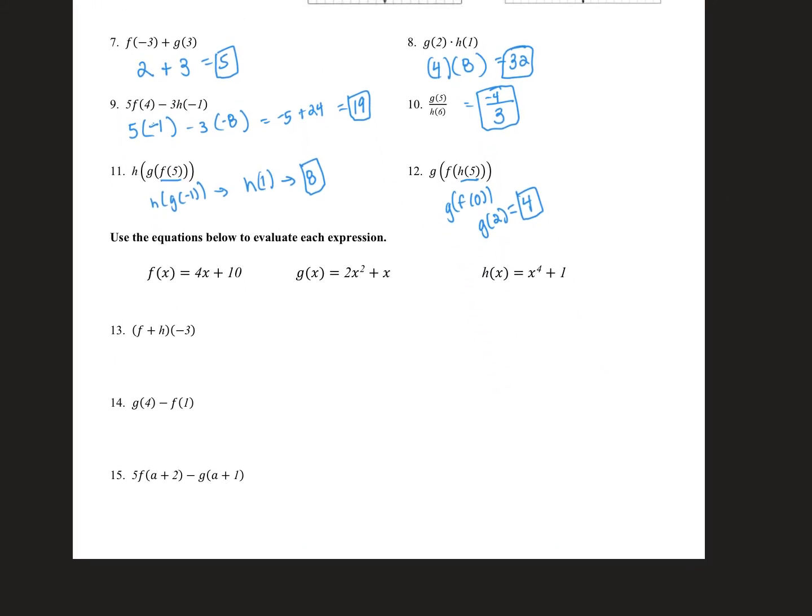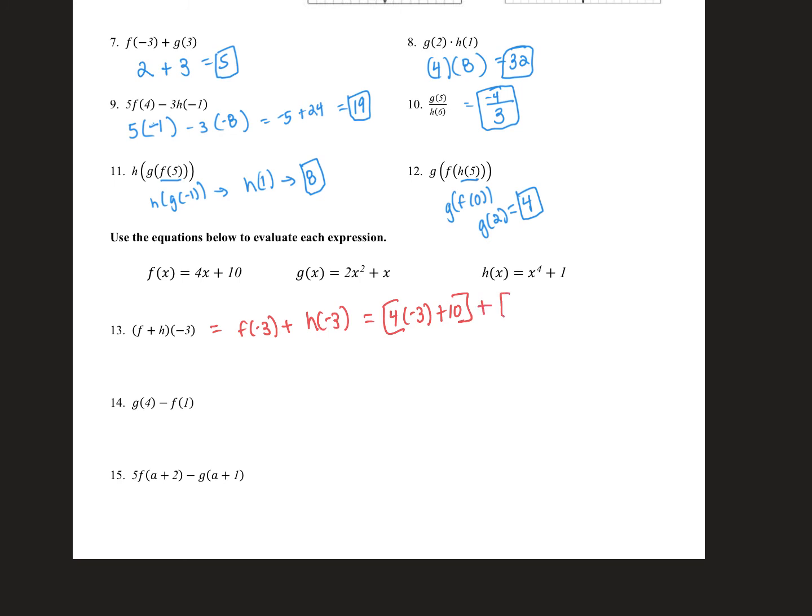All right, and now the bottom says use these 3 functions, f, g, and h, to evaluate each of the expressions. So here's that notation that I was talking about. Number 13, we have f plus h of -3. That's telling us to take f of -3 and then add it to h of -3. So f of -3, I'm going to do 4 times -3 plus 10, and I'm going to add that to h of -3.